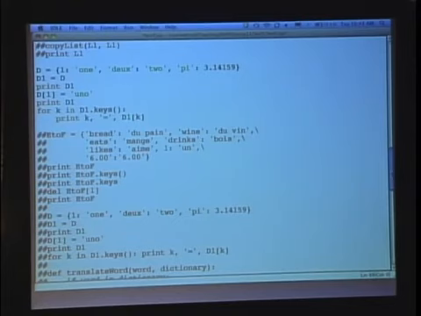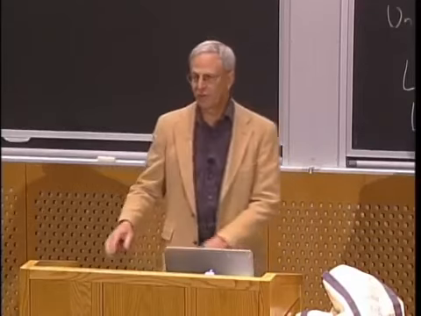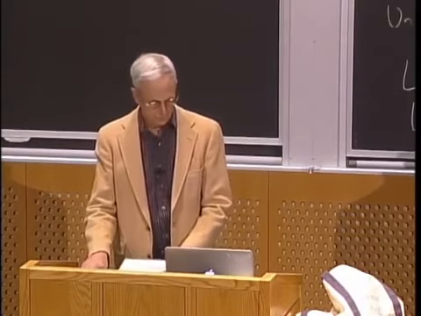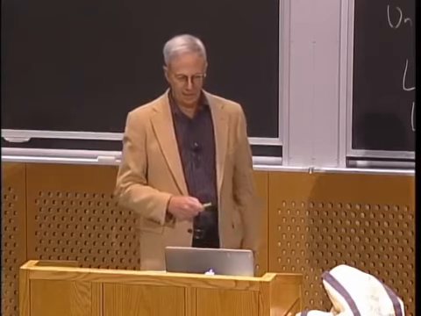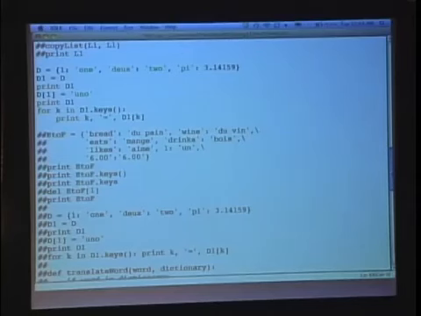We use set braces rather than square braces to remind ourselves that the elements are not ordered. And I'm saying the first key is the number 1, and that's bound to the string object 1. And then the second key is the string object 2, which is bound to the string object 2.